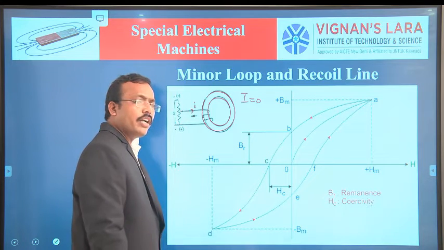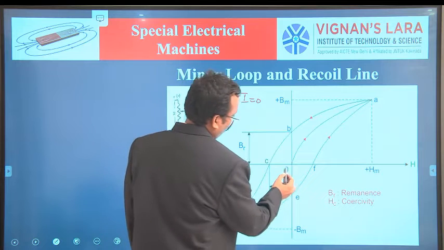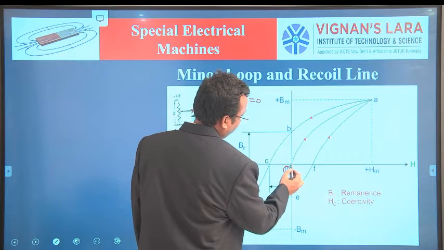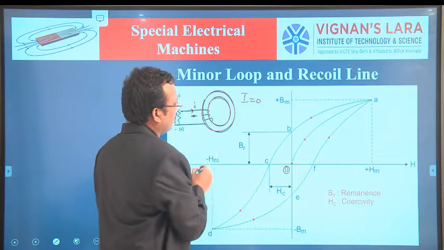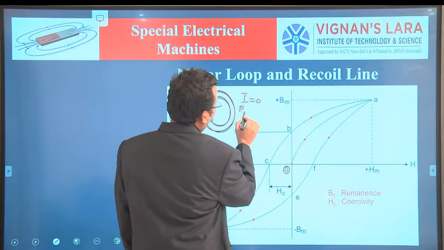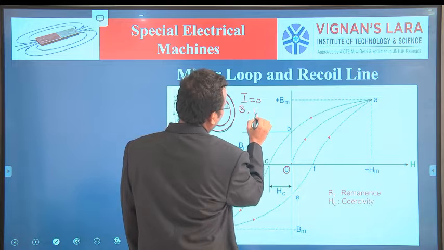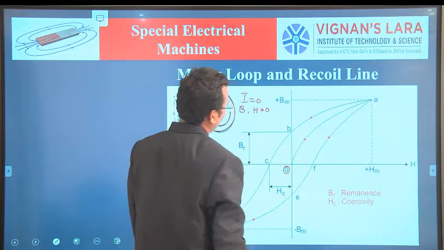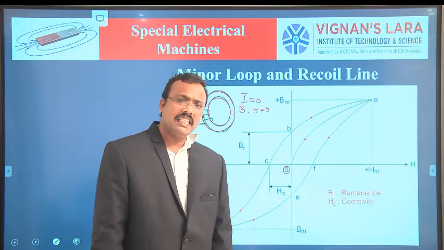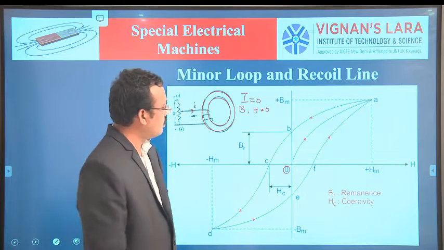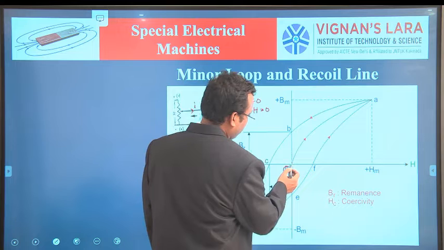The corresponding point is called O. In this condition both B and H are equal to 0, because no magnetizing force and flux density are set up in the magnetic material.